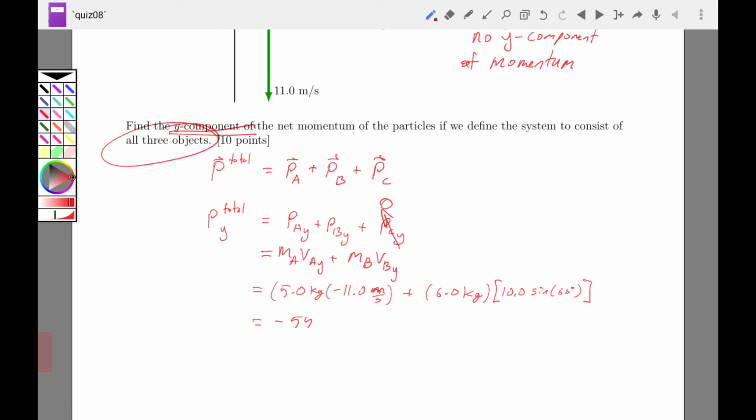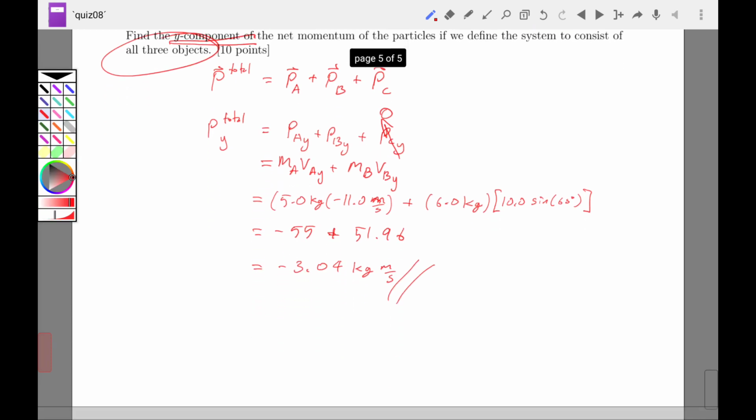So we have negative 55, I'll leave off the units for a minute, plus 60 times sine of 60, which is 51.96, so the difference is negative 3.04 kilograms meters per second. There you go.